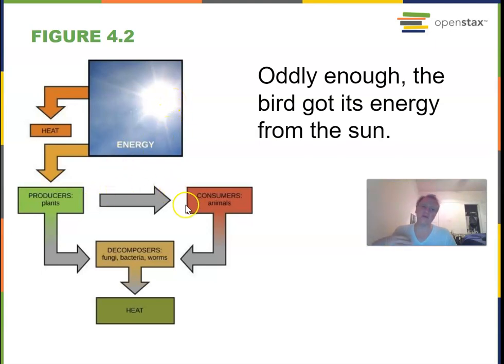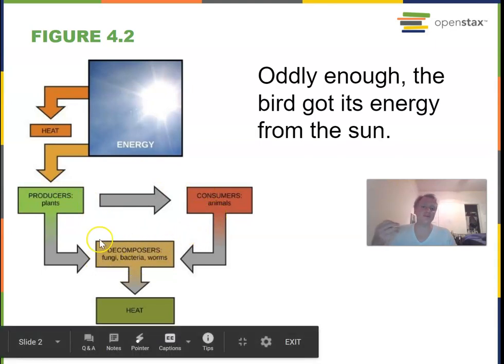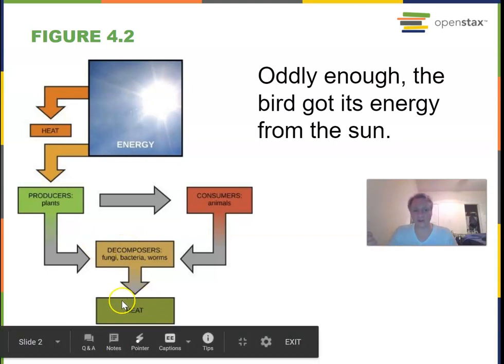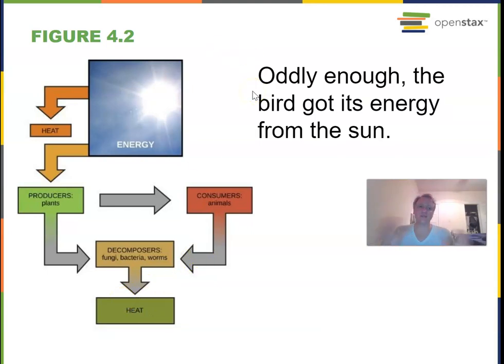If we continue following this little metabolic path down, ultimately plants and animals will die, and we will be consumed by decomposers, fungi, bacteria, and worms, and we will ultimately be converted back into heat, which is, again, something we're going to talk about later, the idea of entropy. But the point of all this is that our energy source on this planet is ultimately always the sun.